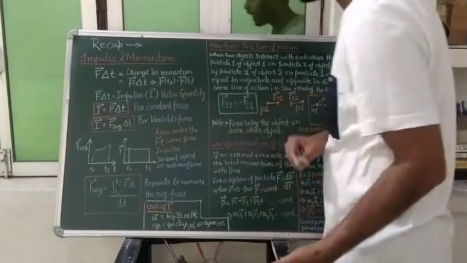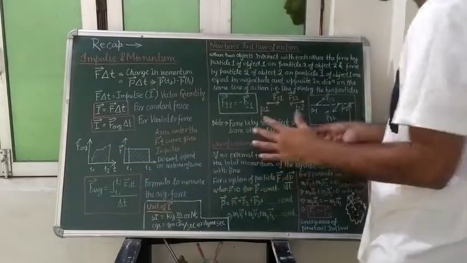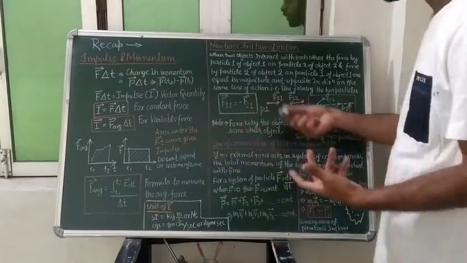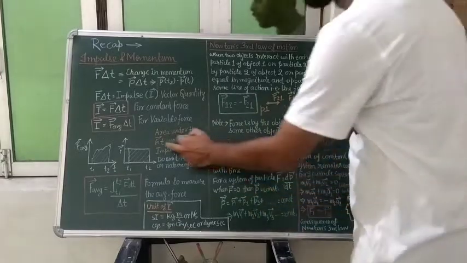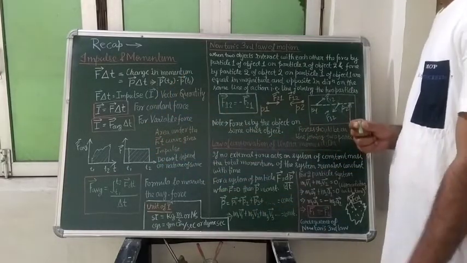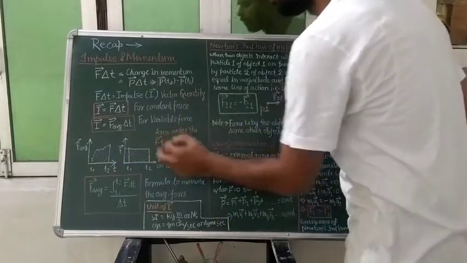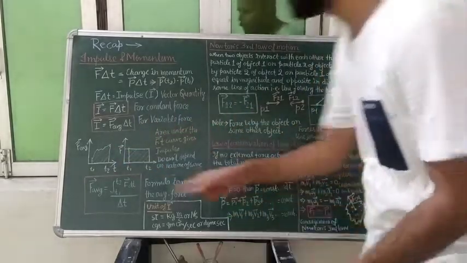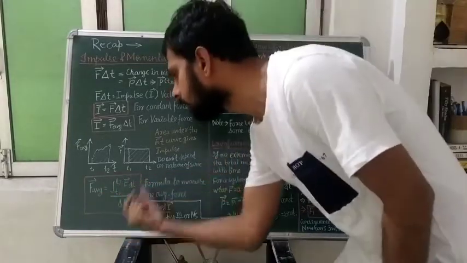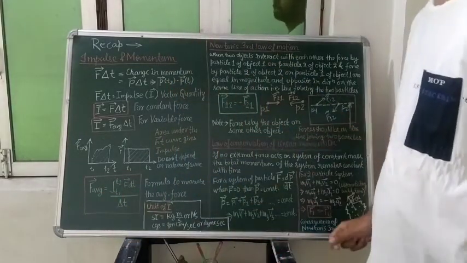Whatever area we got in the case of the variable force, the same area I can draw for a constant force, and we can measure the average force by the expression we had seen.